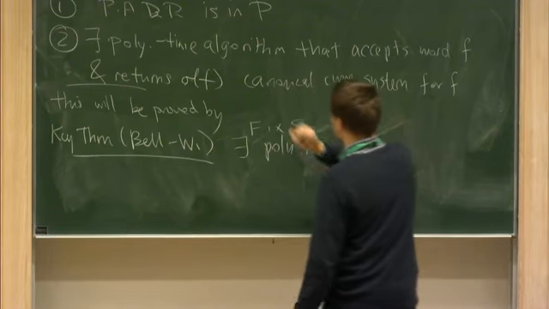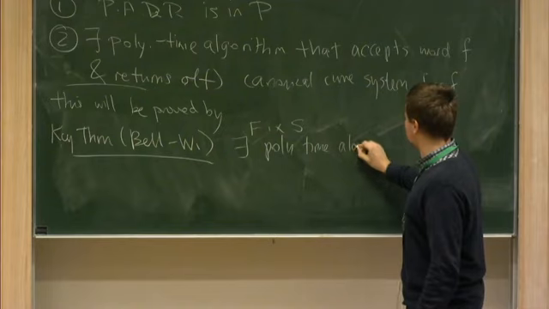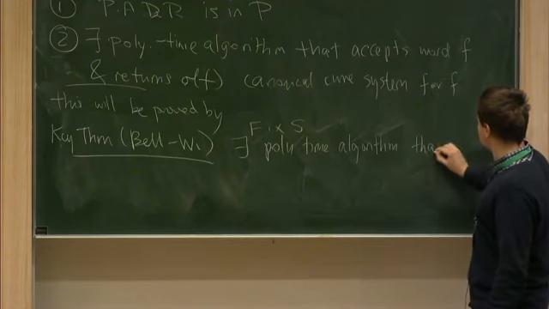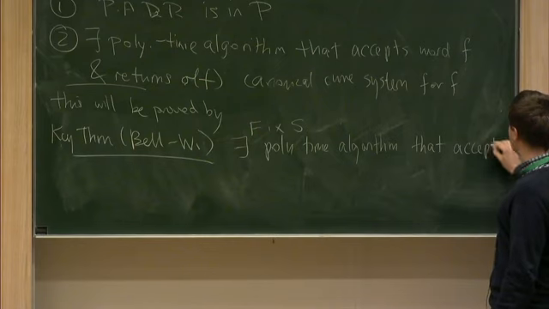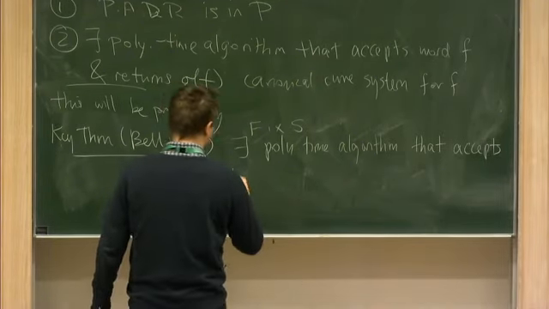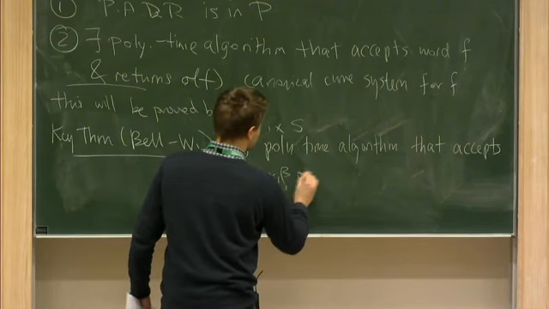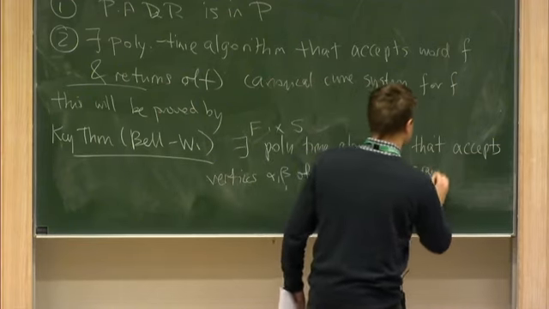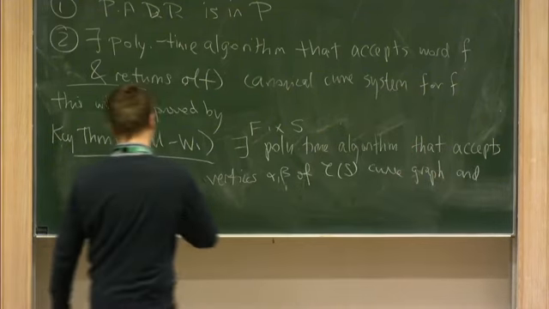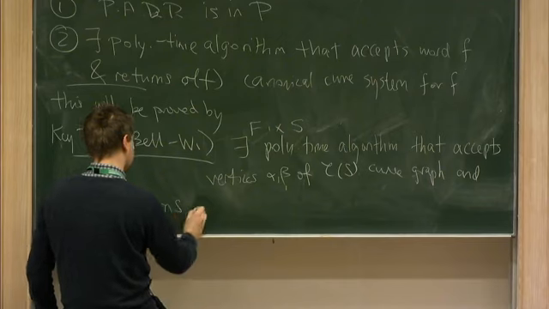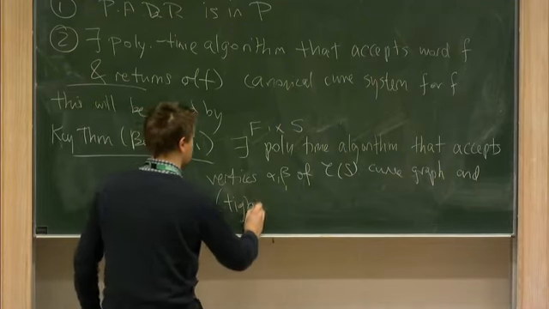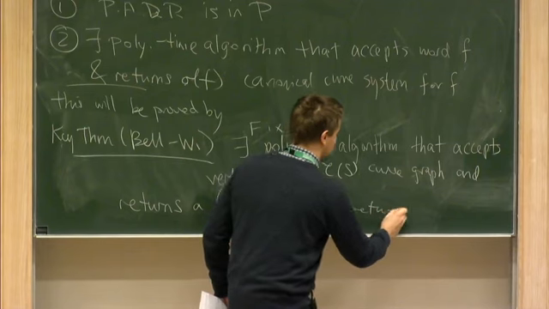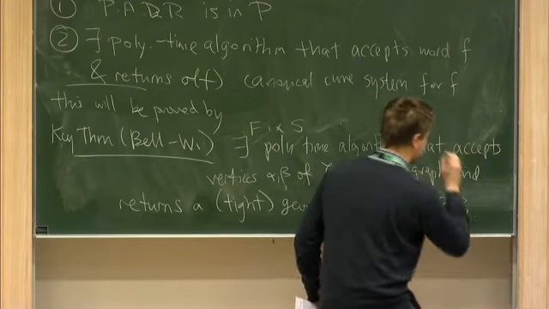First of all, I want to fix the surface S. There is a polynomial-time algorithm that accepts vertices alpha and beta of the curve graph and returns a tight geodesic between alpha and beta.